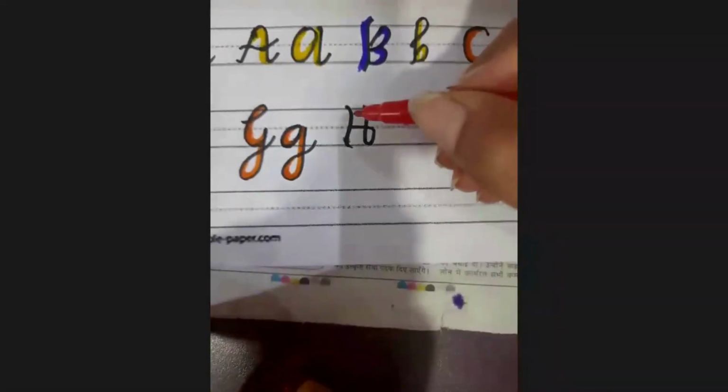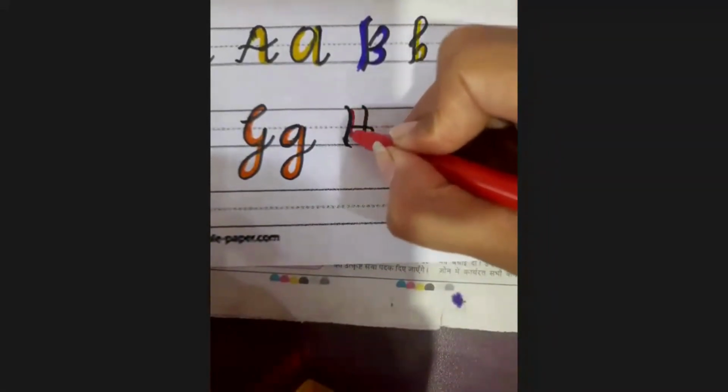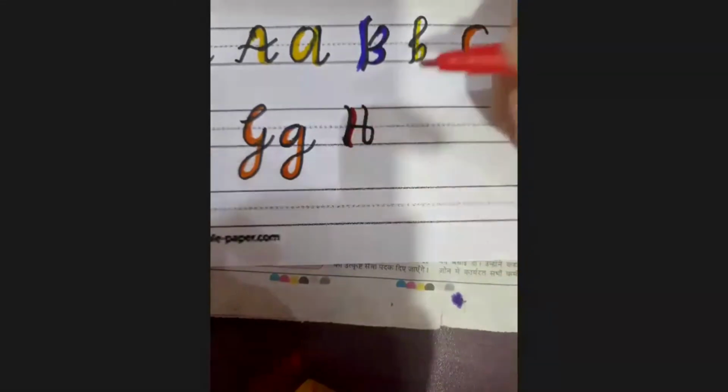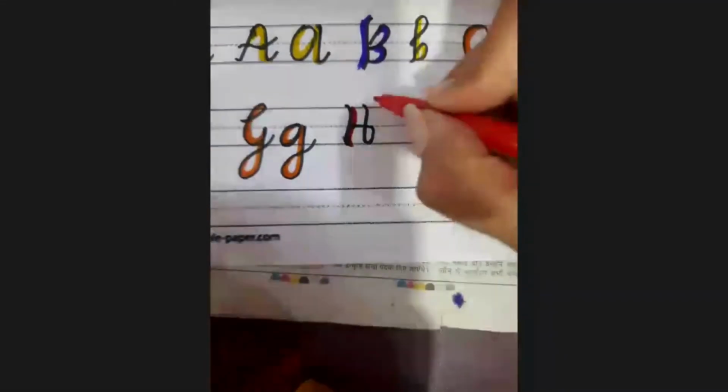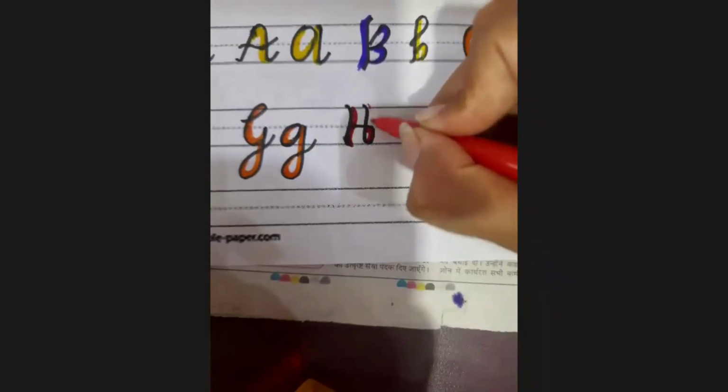So children, this was my downstroke inside the letter. It should look like a shadow inside the letter. All right, over here, this was my downstroke. So I'm going to give this a little color. And this was also my downstroke.